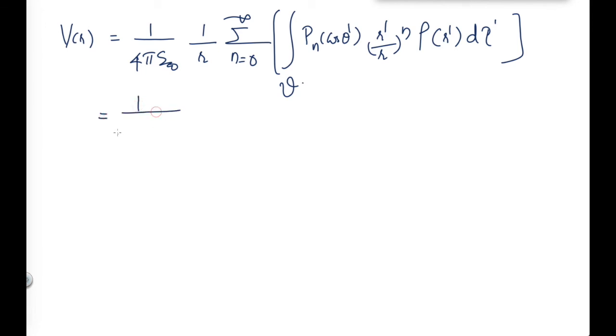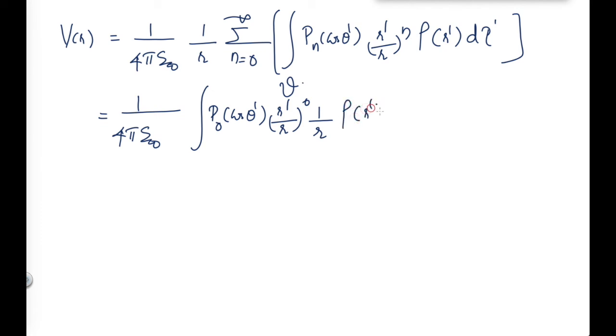So you have an infinite series, and you can expand the expression term by term. Taking n equal to 0, the first term is the integral of p0 cos theta dash, r dash by r whole raised to 0, with 1 by r taken out, rho of r dash d tau.